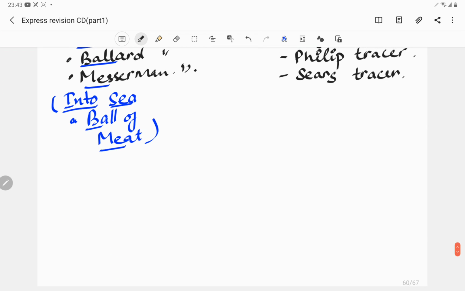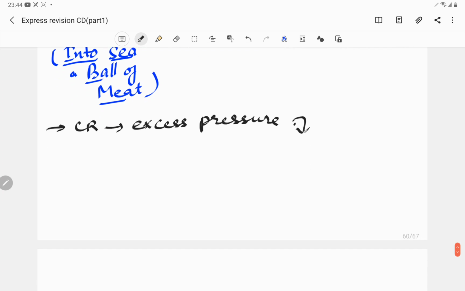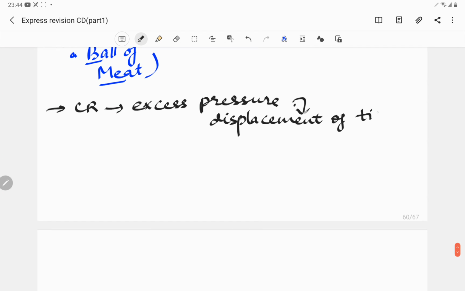So what happens while we are recording CR? If we put excess pressure in recording the CR, it is going to cause displacement of the soft tissues, definitely. Therefore, extra pressure during the CR is actually avoided.